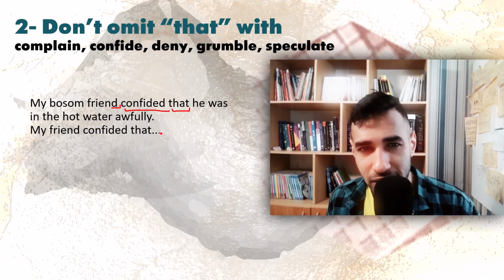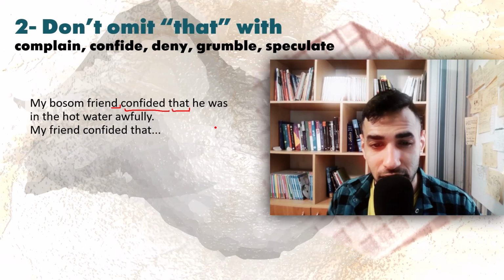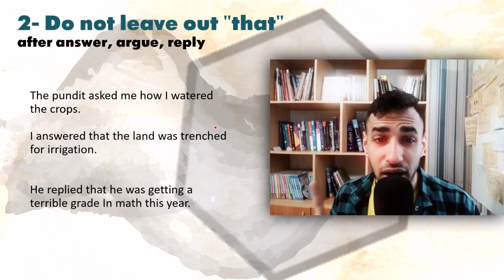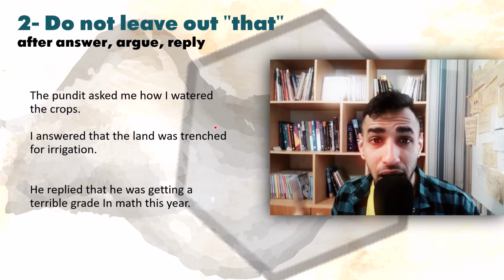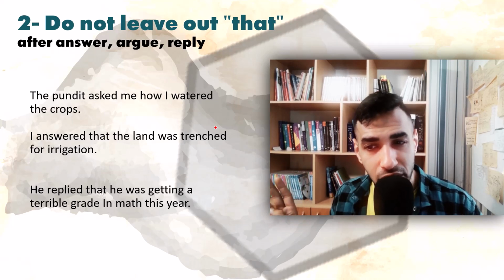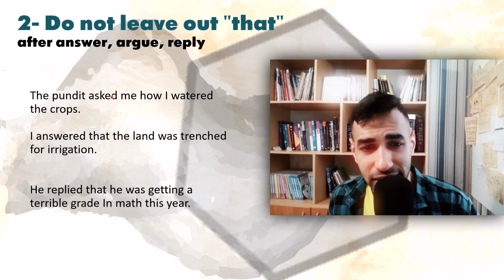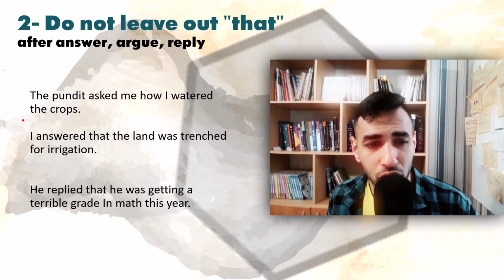Please complete this sentence in your mind. Do not leave out that after answer, argue, and reply. It is not likely to leave out that after these verbs: answer, argue, and reply. The pundit asked me how I watered the crops. The pundit asked me how I watered the crops.